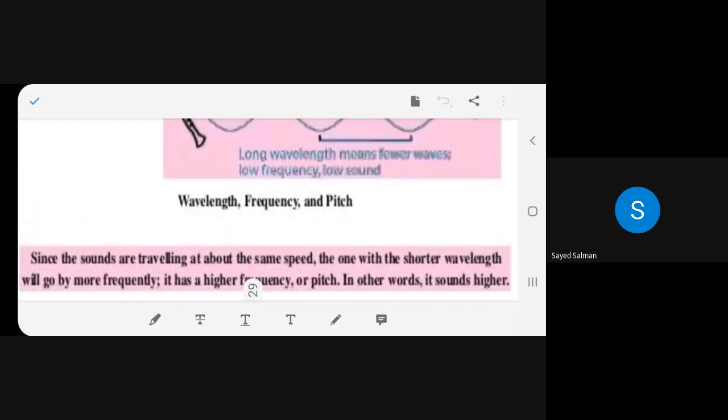Sounds are traveling, we know, at the same speed. One wave we saw is having the shorter wavelength. Yes, the shorter wavelength wave will go more frequently. So what does it have? It has a higher frequency or high pitch. That means the sound will be higher. Hope you have understood.